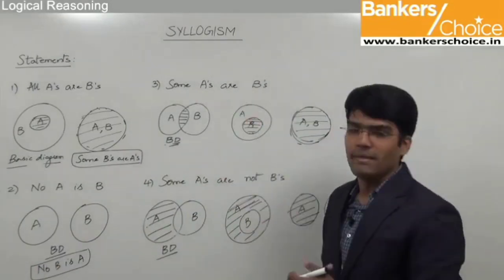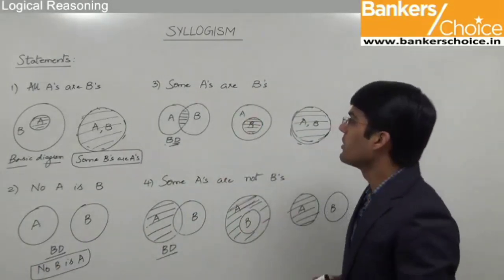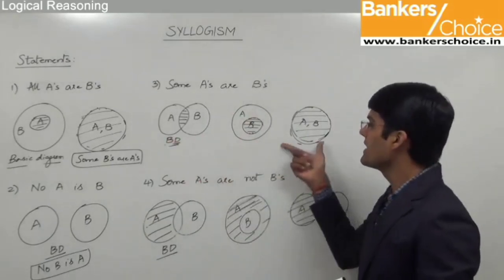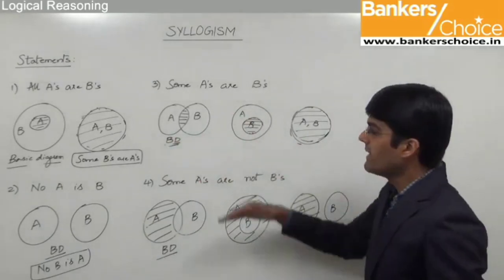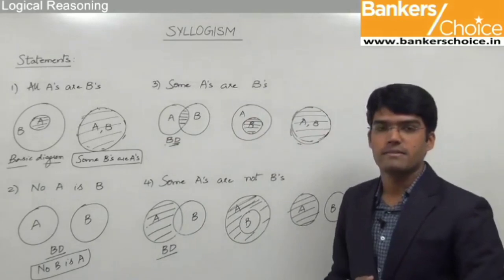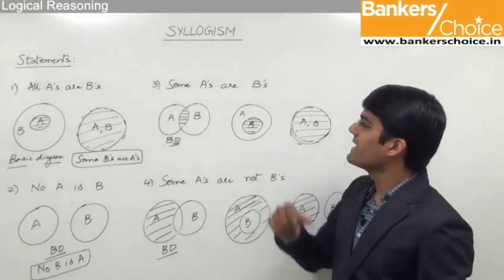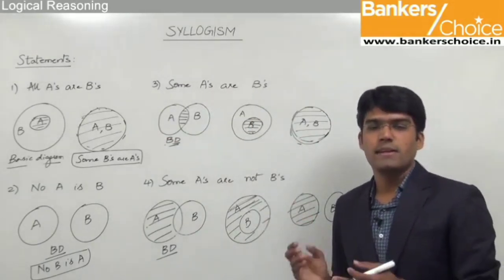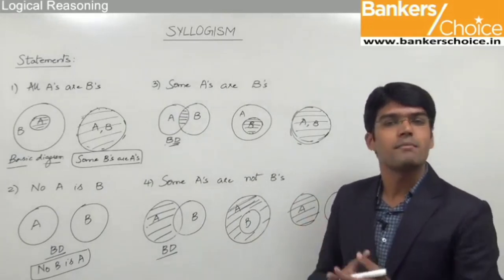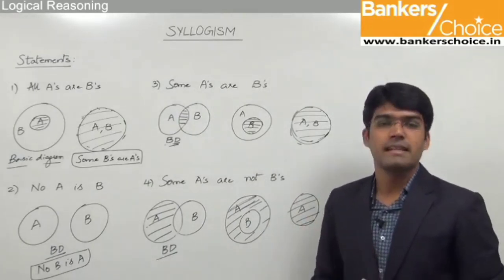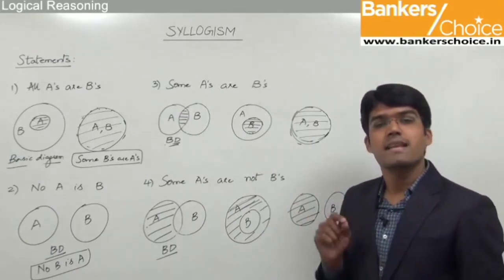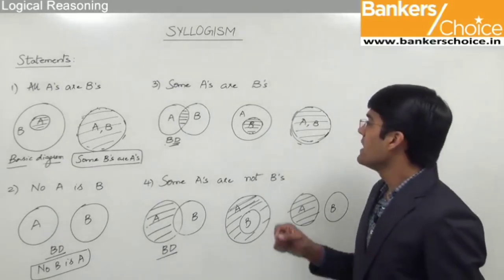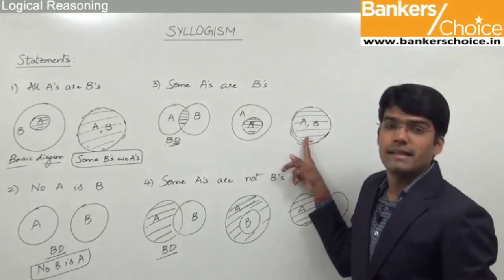Moving on to the third statement, some A's are B's. Now here we have got three possible diagrams. So the conclusion should be the one which satisfies all the three diagrams. Generally, when we see the statement some A's are B's, the conclusion which strikes to our mind is some A's are not B's. But friends, that is not the correct conclusion. Some A's are not B's is not possible in the third diagram. Why?